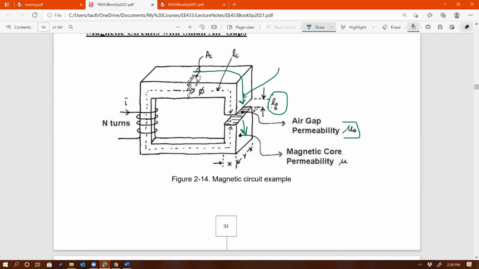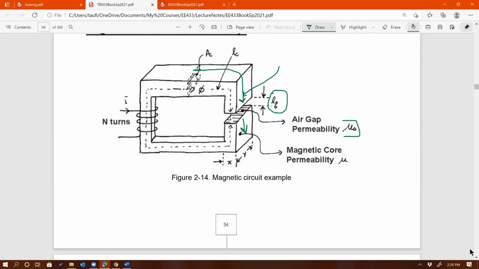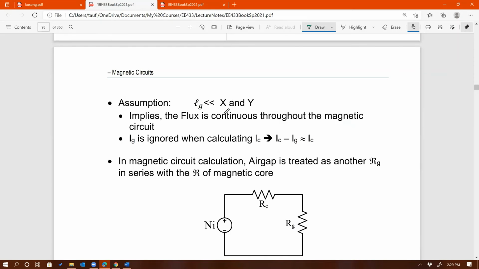Because if it's comparable, then you're going to get so much leakage flux through this air gap. So this air gap has to be tiny compared to the physical size of the core. That's the condition, and that's what we do in practice in the real world as well.